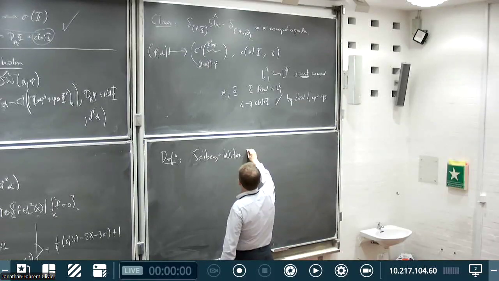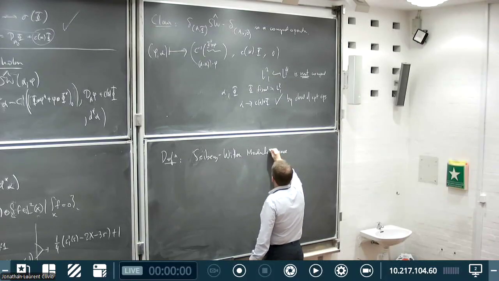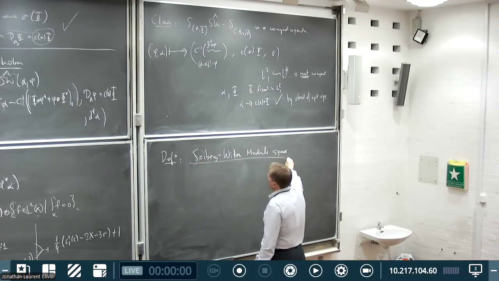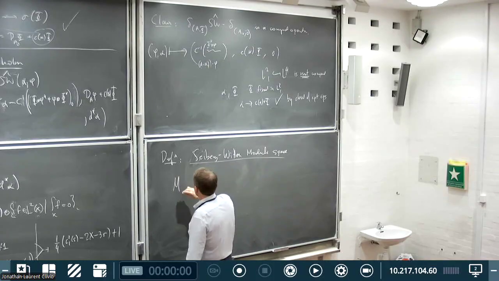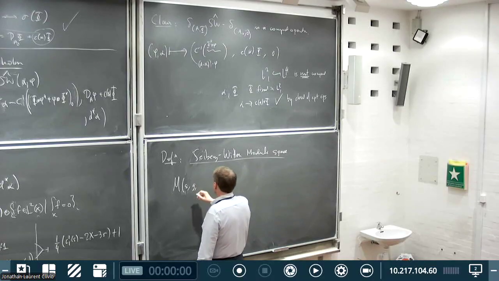What you might call moduli space. The moduli space depends first of all on S, but also on the metric.